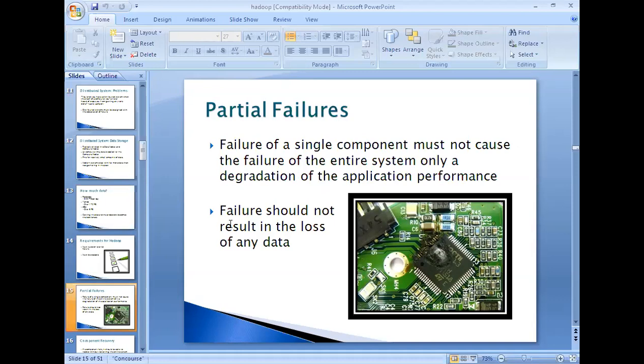Failure should also not result in the loss of any data. A failed system may hold some information, but it is not a single source of the data. Anyway, Hadoop maintains 3 replicas, so there is no possibility of data loss.